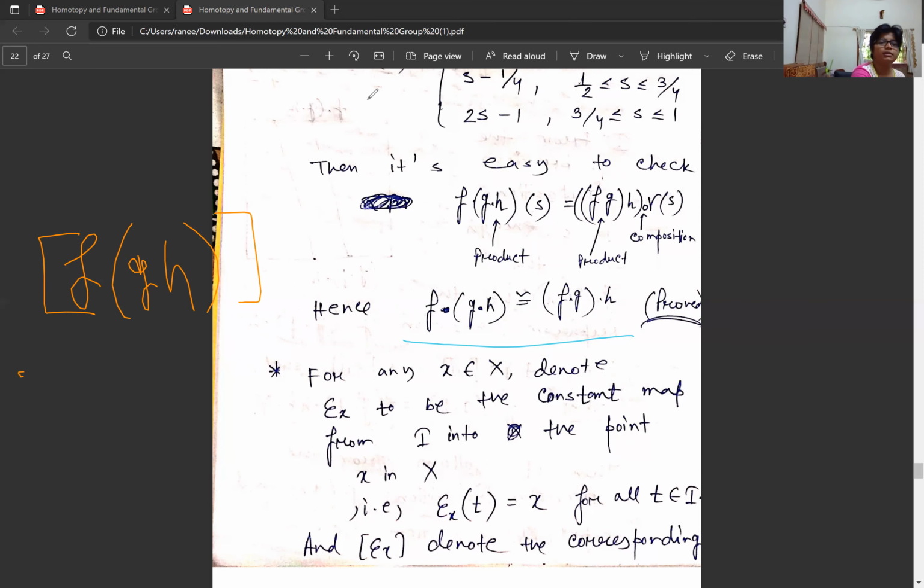And we have seen that we can write it by this, as we have seen that the product behaves well with the homotopy. And from here, from this proposition, you can say that it will be the same as this.